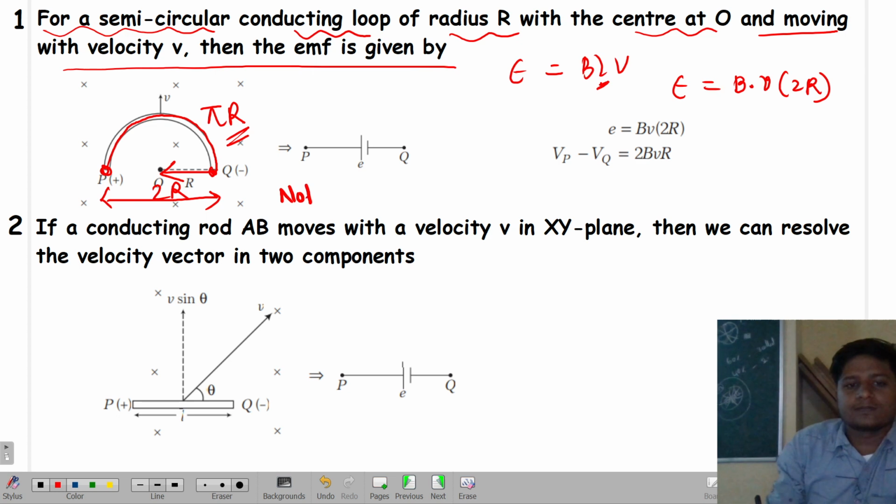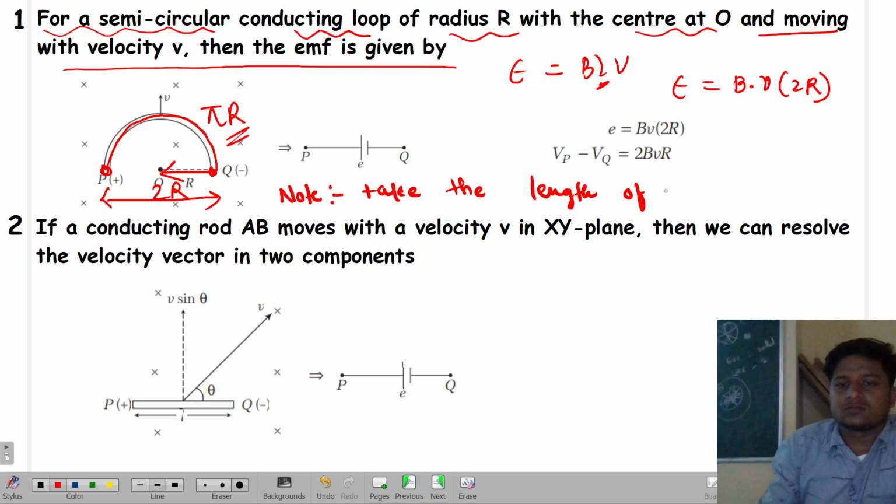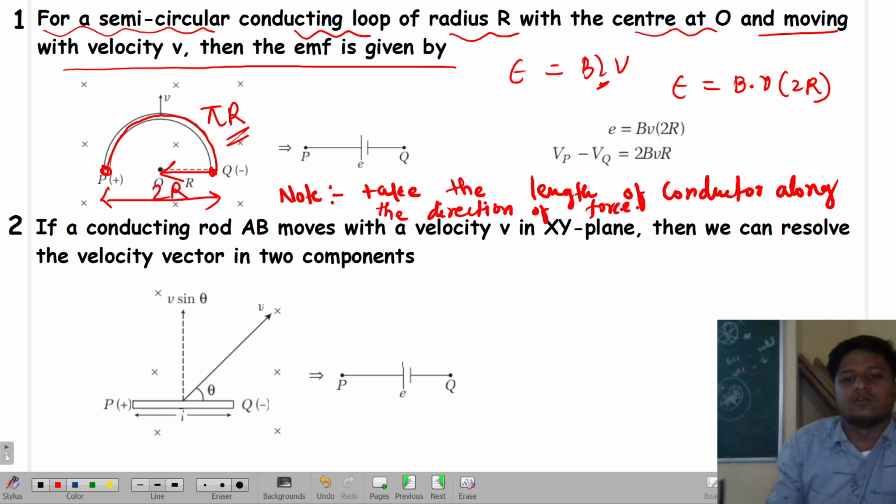The note is: take the length of conductor along the direction of force. Is it clear or not? Clear or not?